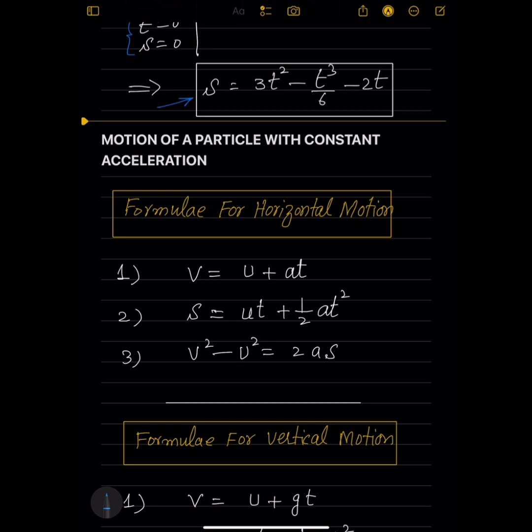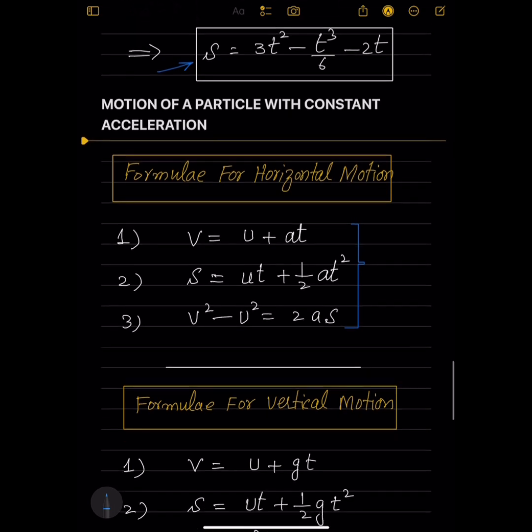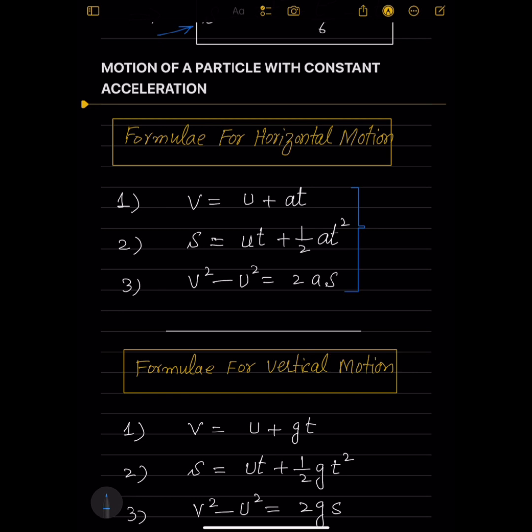For these first three equations, there is a horizontal motion. ये horizontal motion के लिए v is equal to u plus at. Number 2, s is equal to ut plus half at square. Number 3 is v square minus u square is equal to 2as. So this is the horizontal motion. These equations will be used for horizontal motion.